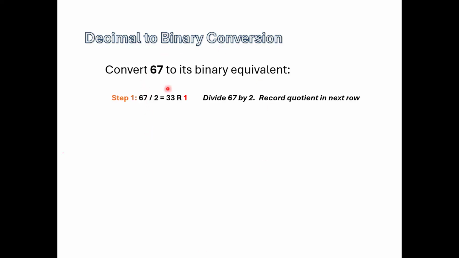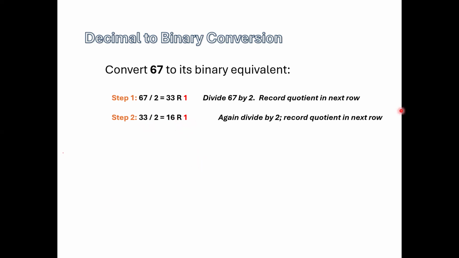So I will divide by 2. 67 divided by 2 would give me 33, with a remainder of what? 1. So I will keep note of the 1, and then I would move on to divide it again. 33 divided by 2 would give me 16, with a remainder of what? 1.